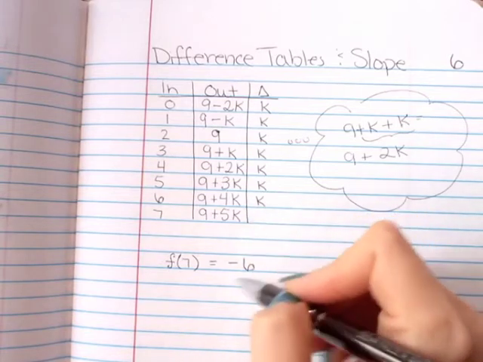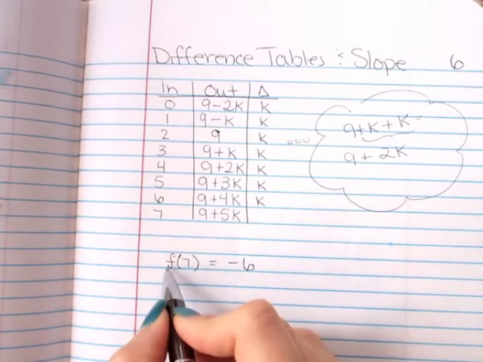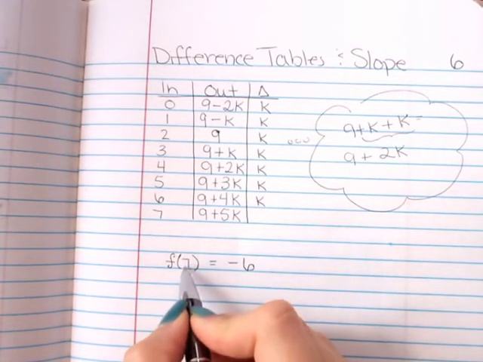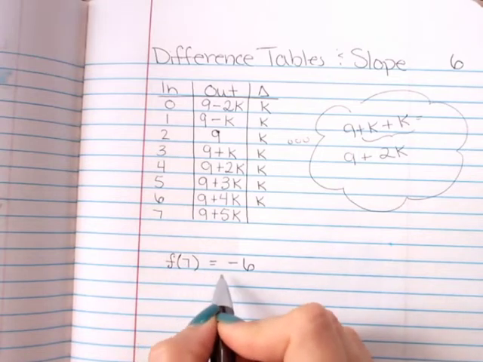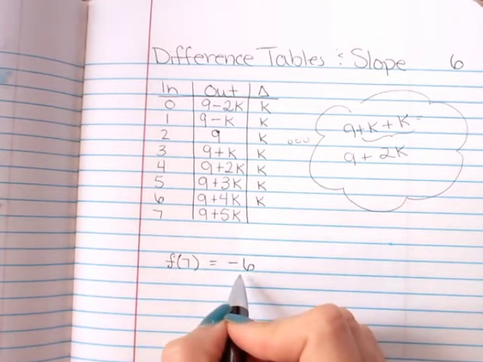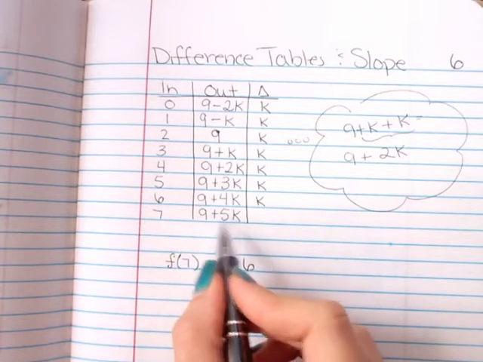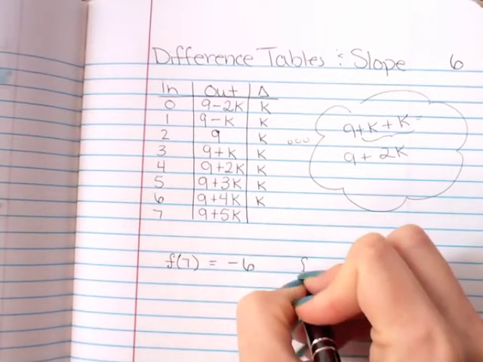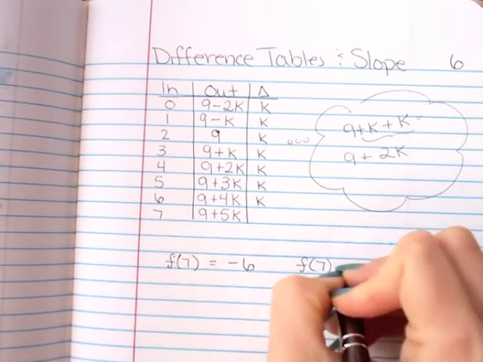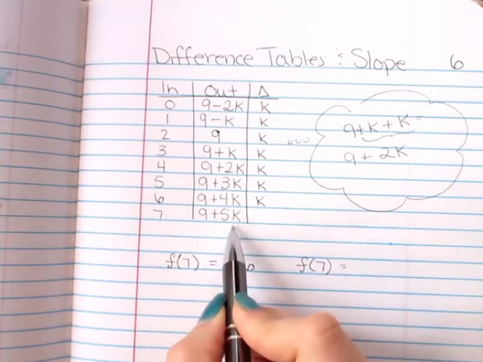So what if we're told that our output for 7, f of 7, equals negative 6? Well, if I come back and look at what we've done in our table so far, we already know that f of 7 equals 9 plus 5k.